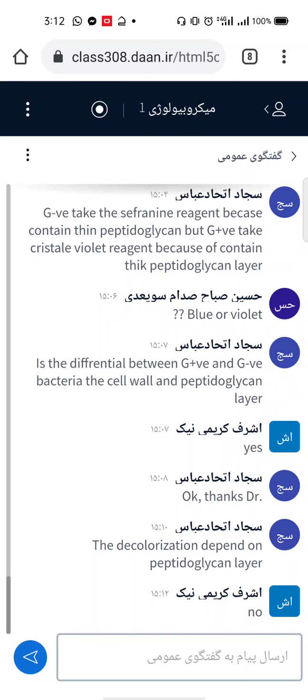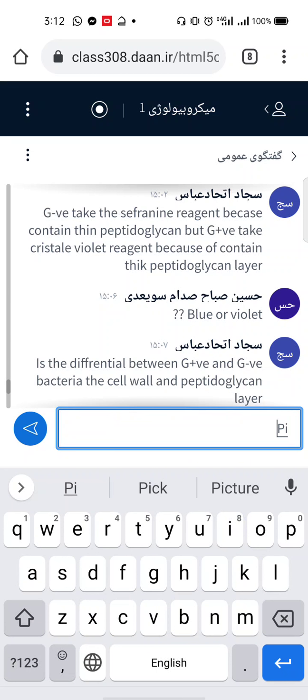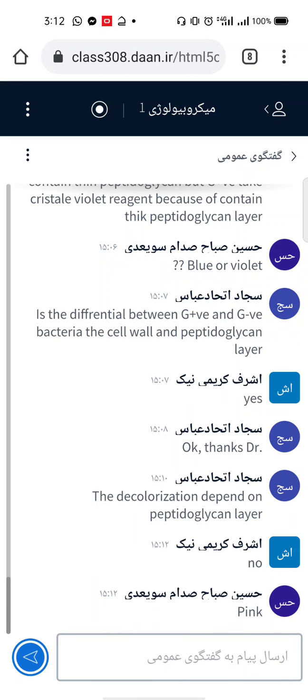Gram-negative bacteria can absorb the next stain, safranin, and become pink or red. After gram staining, gram-positive bacteria are blue or violet, and gram-negative bacteria are red or pink.